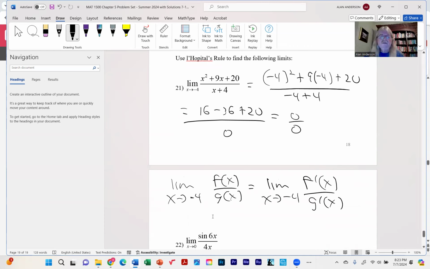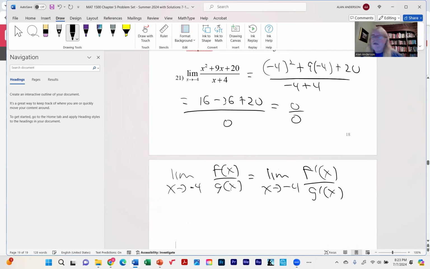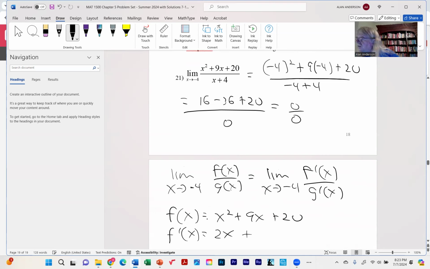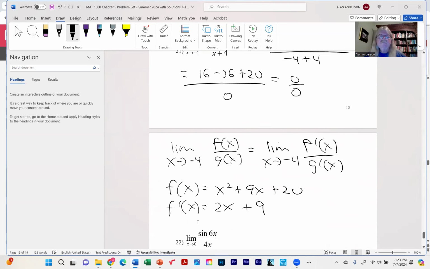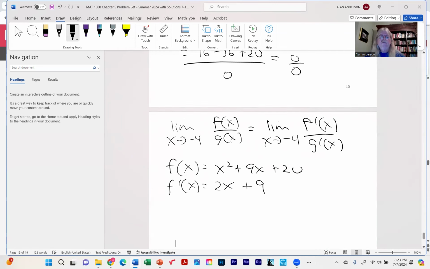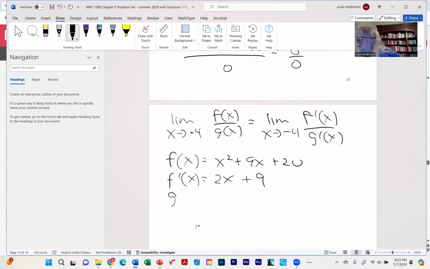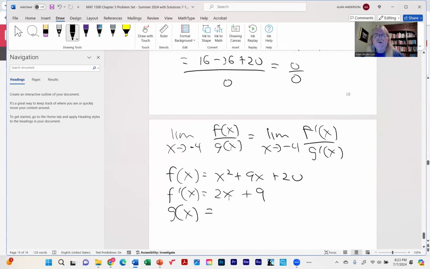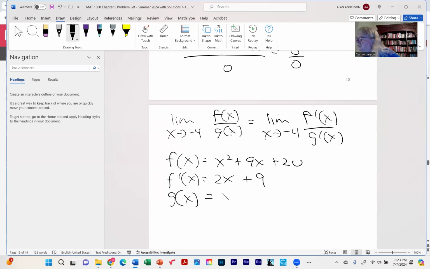Okay, great. So f of x is the numerator, which is x squared plus 9x plus 20, which means that f prime of x by the power rule is 2x plus 9. G of x, the denominator, was x plus 4. And so therefore the g prime of x is 1.